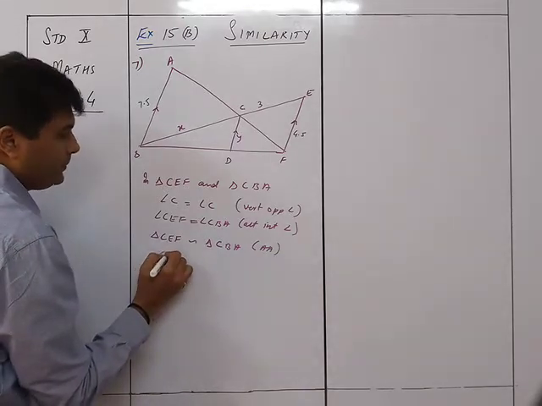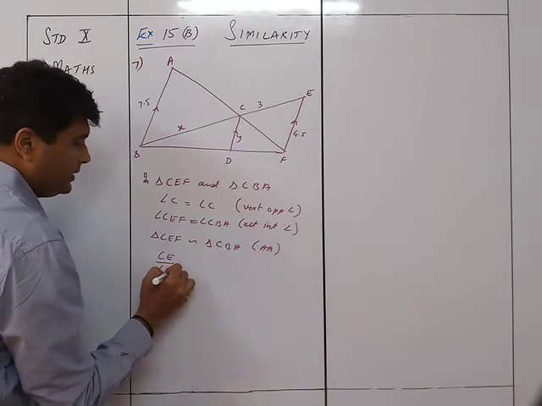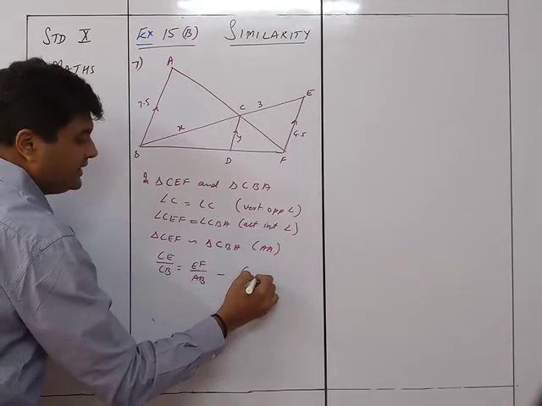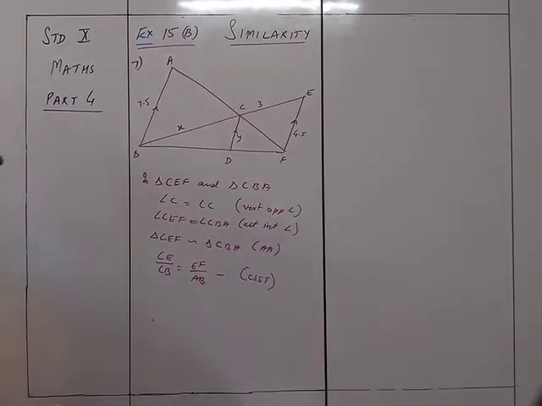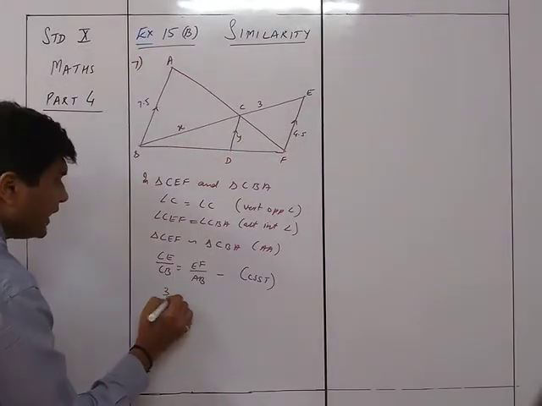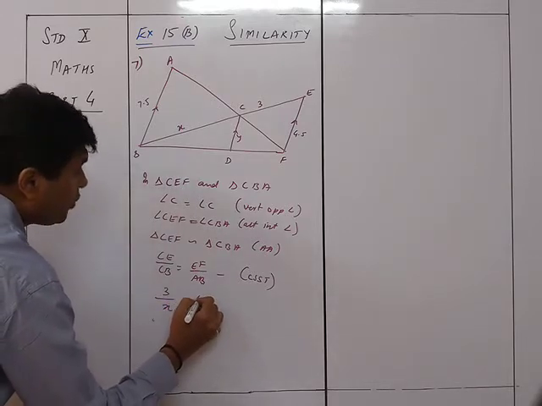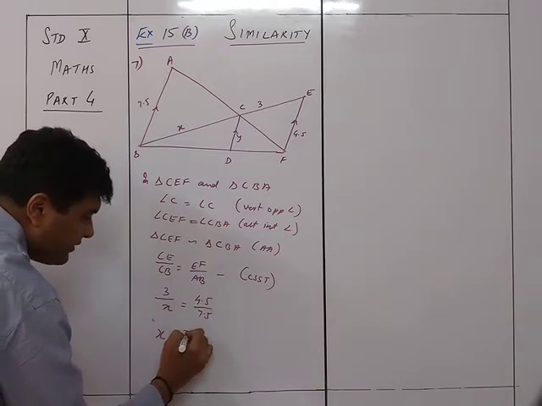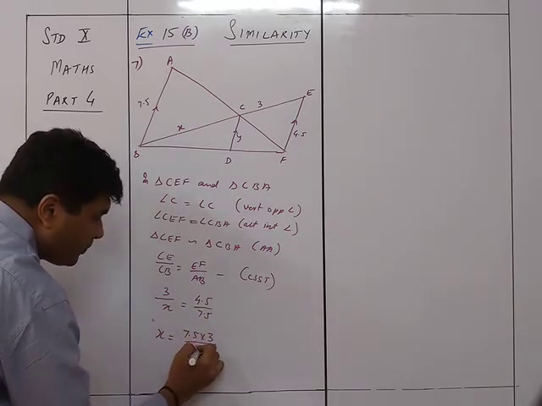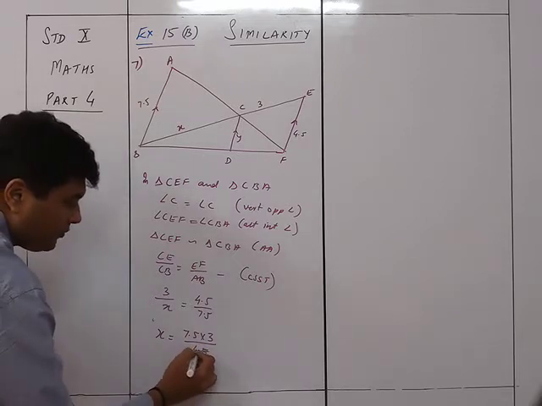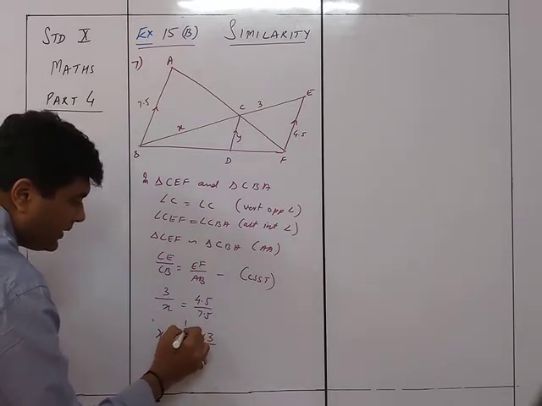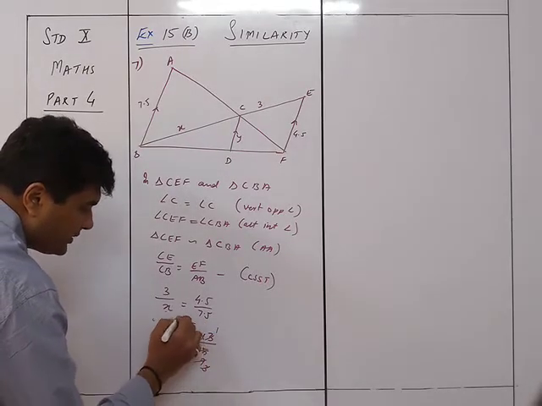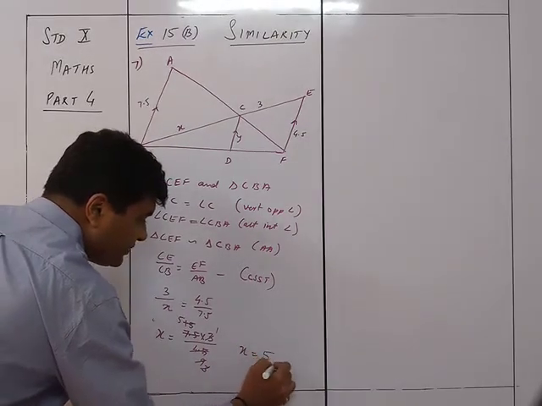Therefore CE upon CB is equal to EF upon AB by CSST. So 3 upon x is equal to 4.5 upon 7.5. Accordingly, x will be equal to 7.5 into 3 upon 4.5. So therefore x is equal to 5 centimeters.